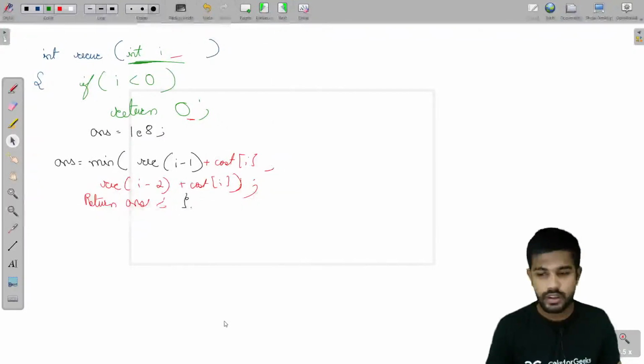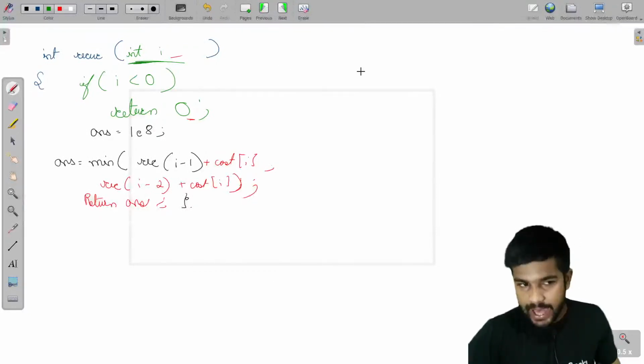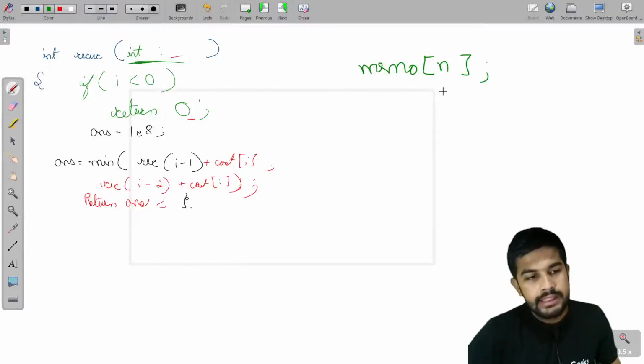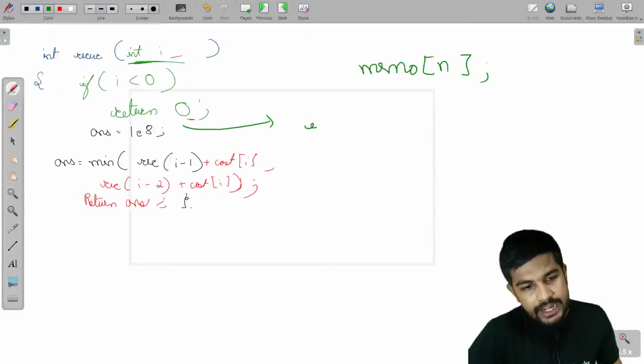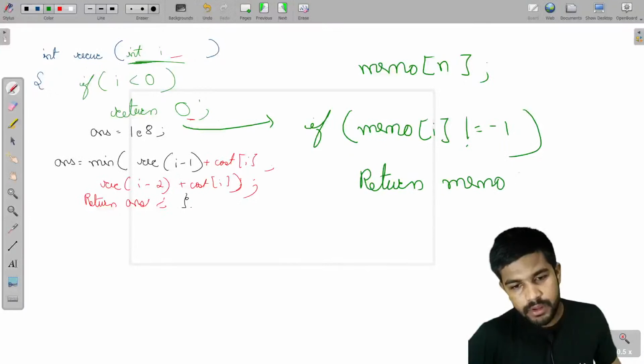Now we would be making an array named memo, of size n only. Then we would add a line here: if memo of i is not equal to -1, then return memo of i.